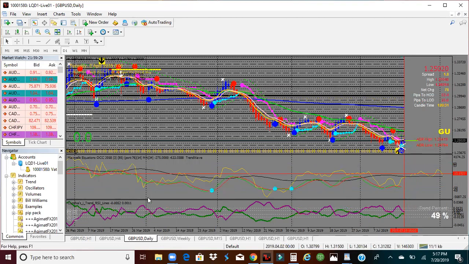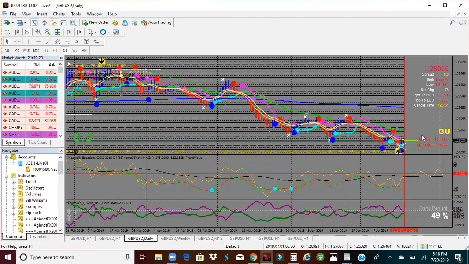But if I'm counting just the trading days, we don't count Saturday, so there should be about 6 candles. Since we don't count Saturday, we have a day off. There's really 6 trading days.